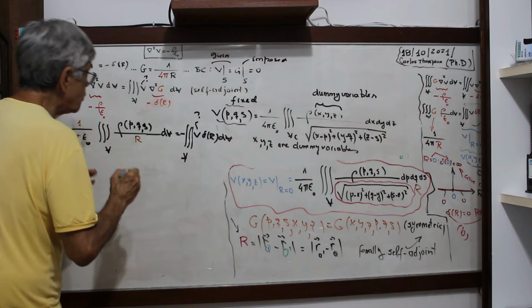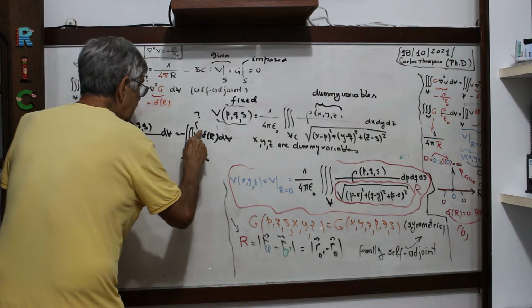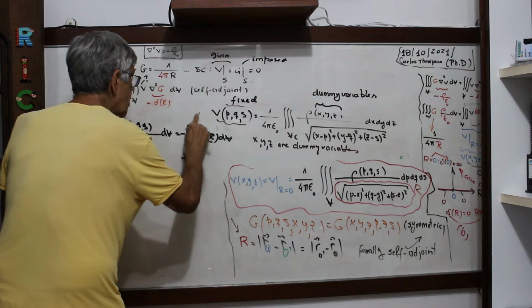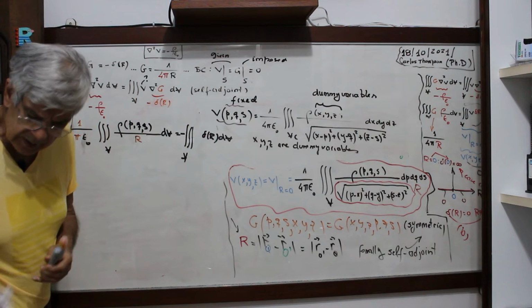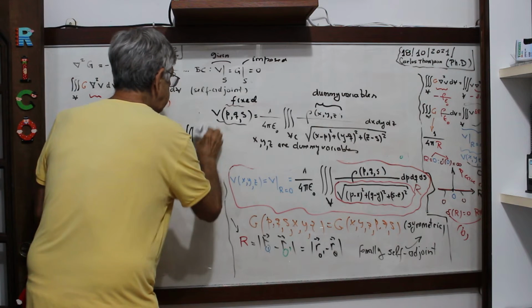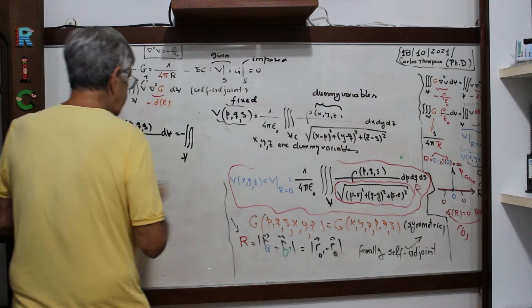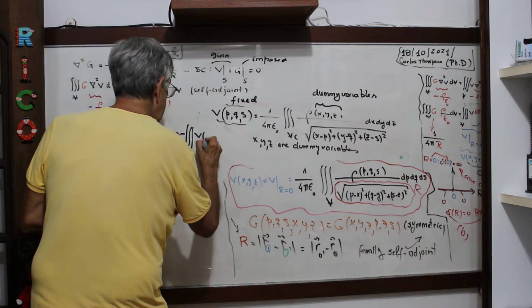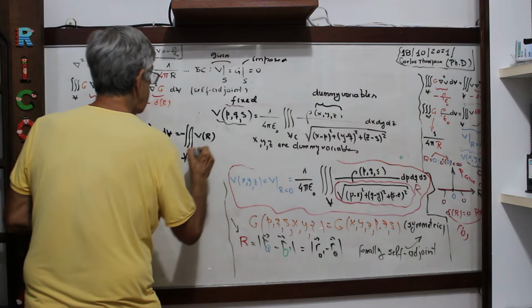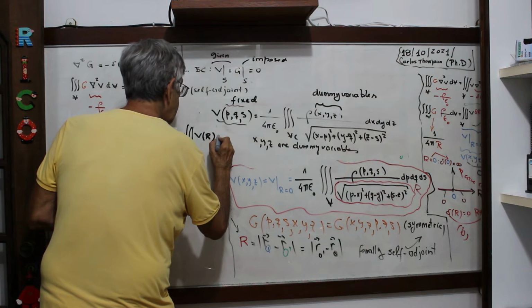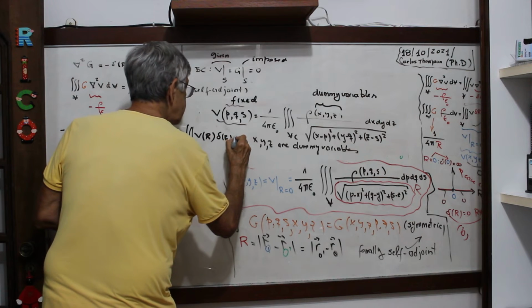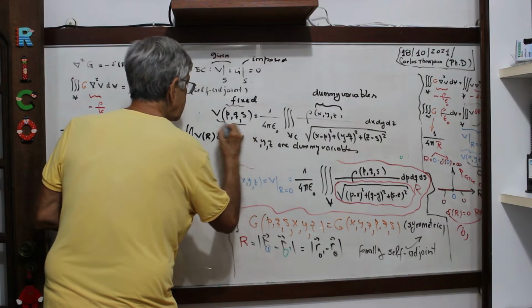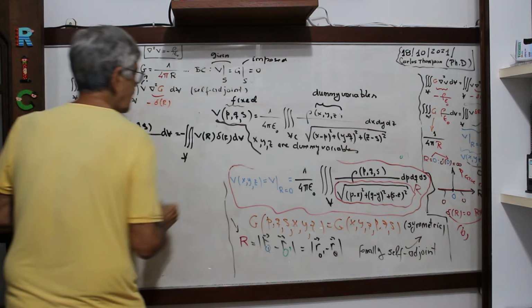Attention now, I'll write down here V of R. I do it like that: V of R, now delta of R, now dV. Let's separate here.